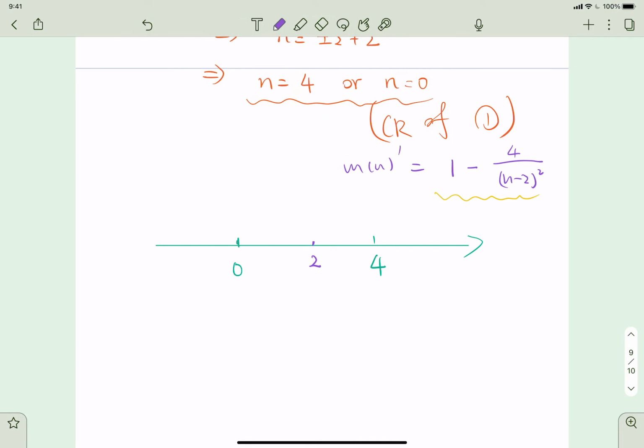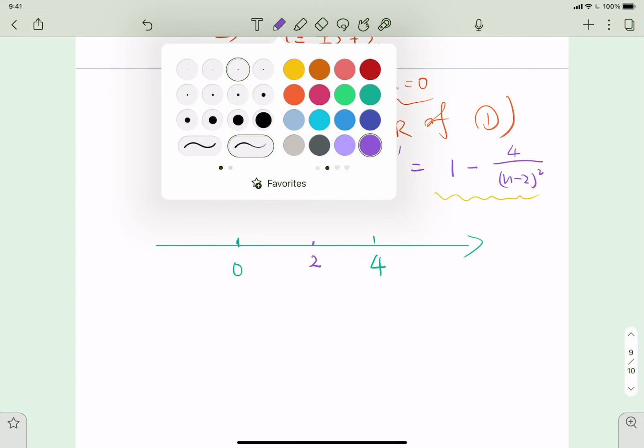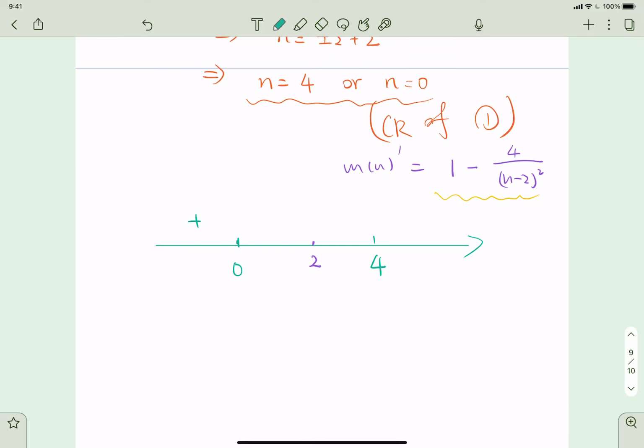Plug in -1, you have -3 squared, that is 9, right? So that is a fraction smaller than 1, so we have positive sign here, positive sign here. So it's increasing here, right? And on the other end, we also have positive sign, right? And negative sign on these two intervals.